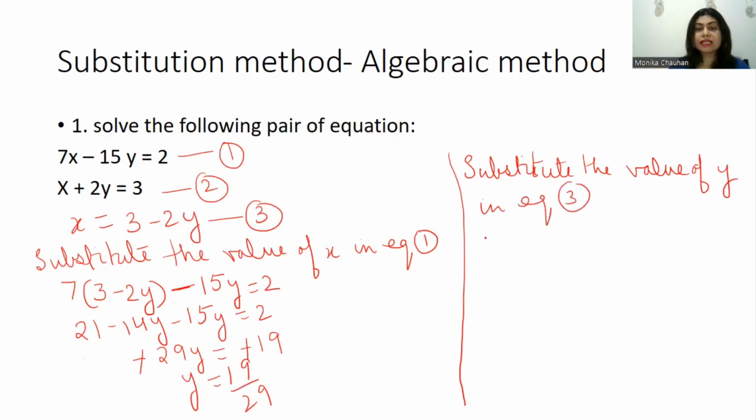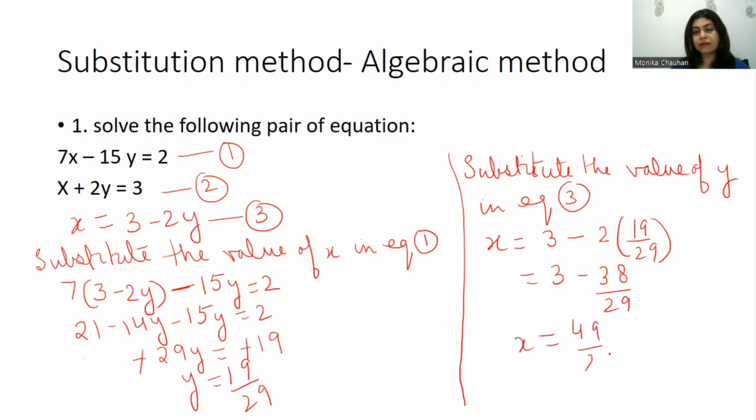So x is equal to 3 minus 2 times 19 upon 29. Now you need to solve this. 3 minus 2 times 19, we will get 38 upon 29. Now how are you going to solve this further? It is subtraction of fractions, and when you solve it, you will get 49 upon 29.